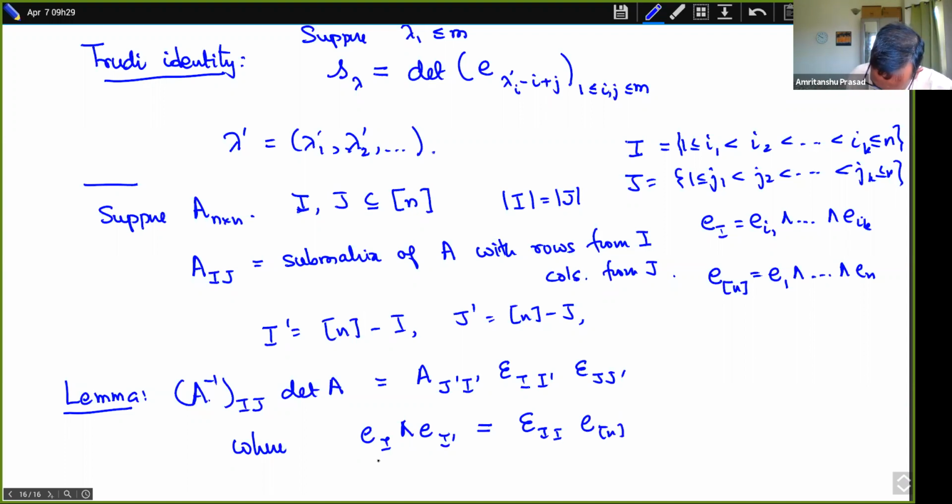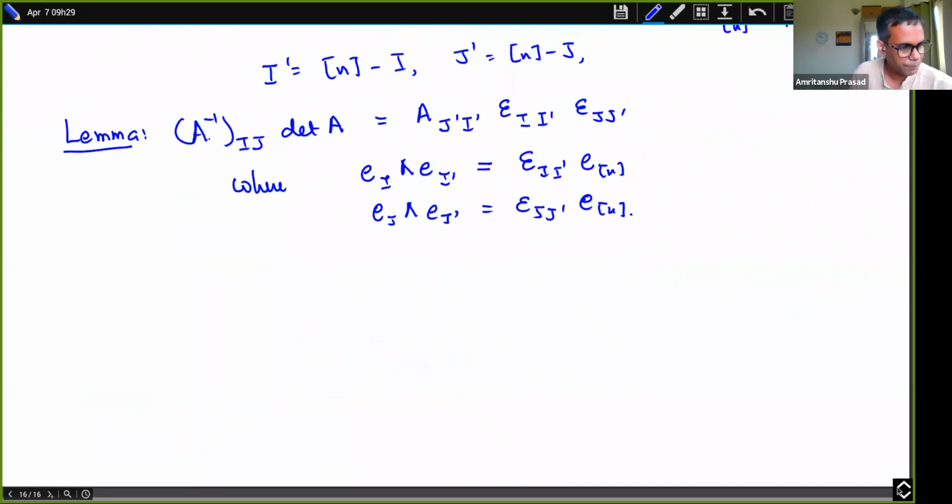And similarly e_J wedge e_J' is epsilon_J' e_n. So that's the lemma, and the proof is not so difficult.